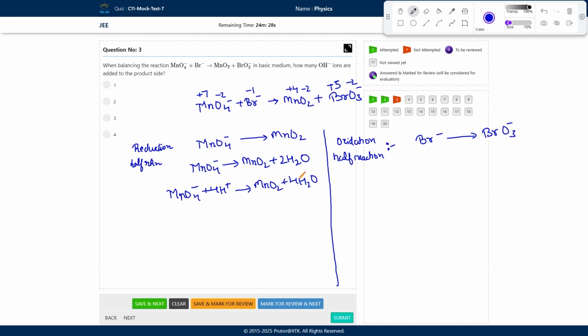The next thing is to balance charge, so we need to add 3 electrons here: MnO4 minus plus 4H plus plus 3 electrons gives MnO2 plus 2H2O. Again, this reaction is under basic condition, so we will add 4 OH minus on both sides.